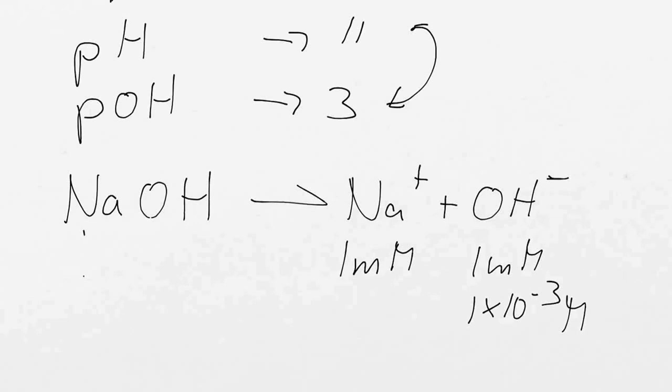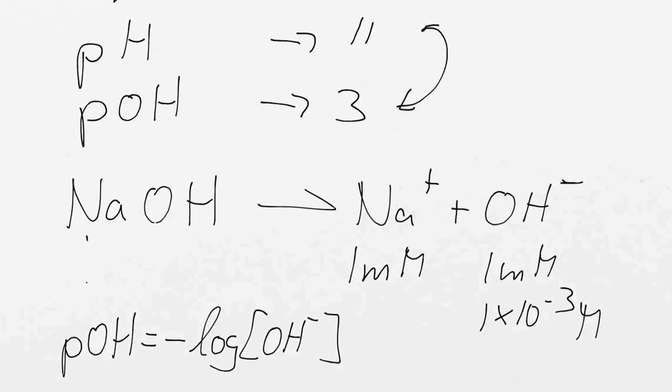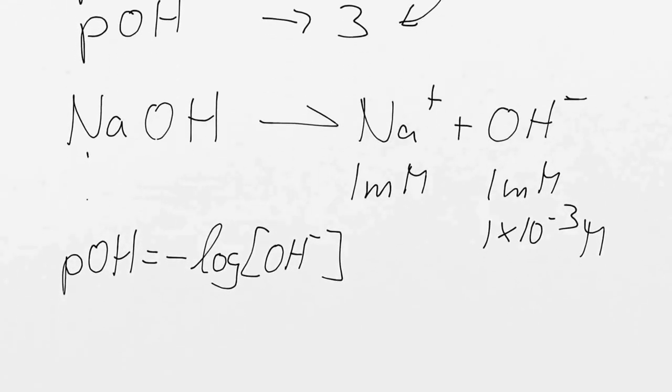Now, can I get the pH directly from this? No, but what can I get? The pOH. pOH equals minus log of the OH minus. That is minus log of 1 times 10 to the minus 3.